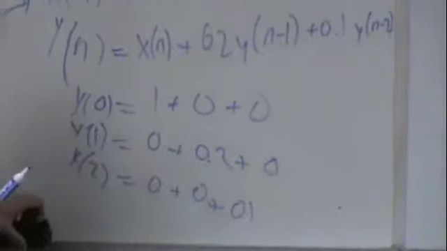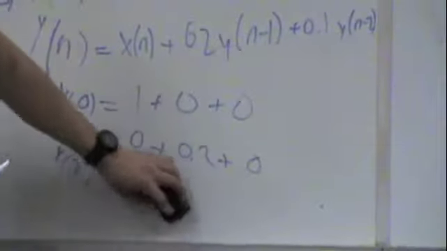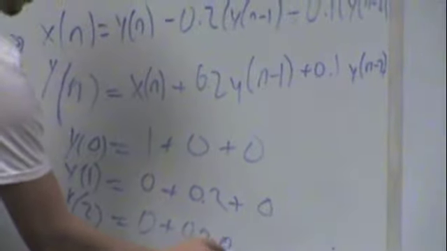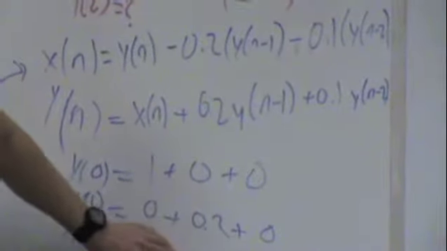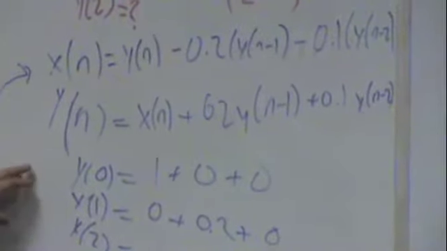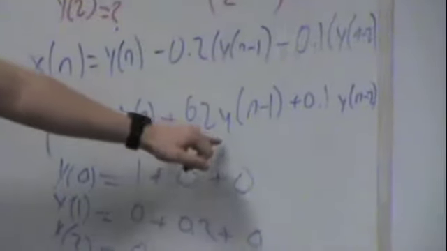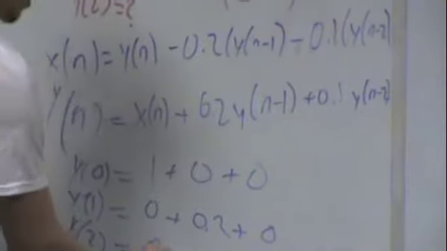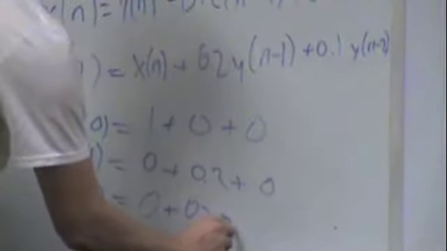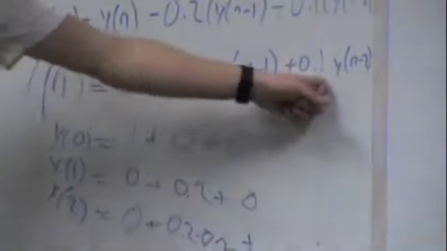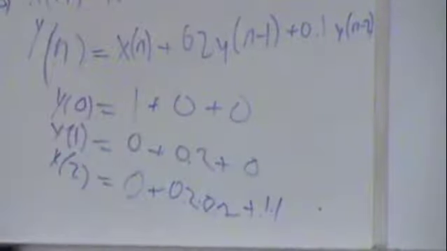Okay, y of minus 1 is 0.2, so it's 0.2 times 0.2 plus 0.1 times 1.